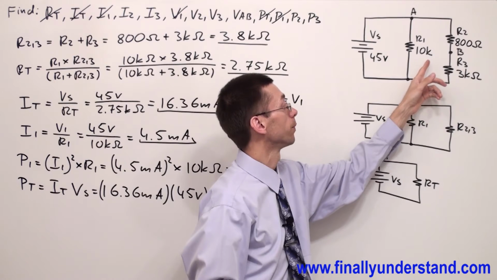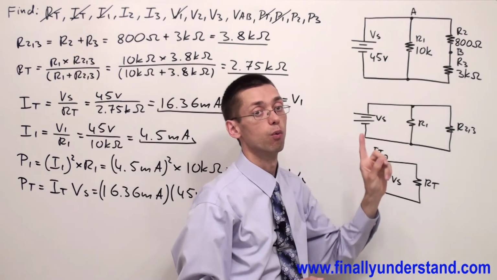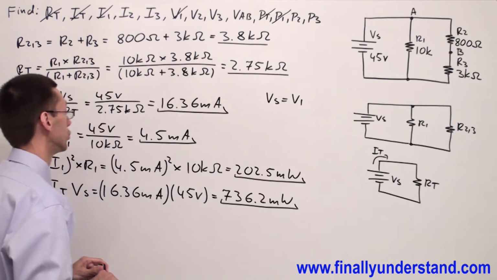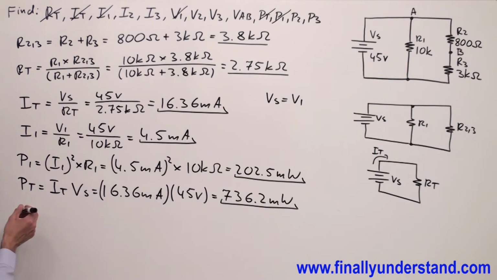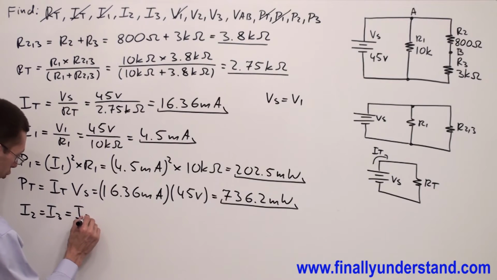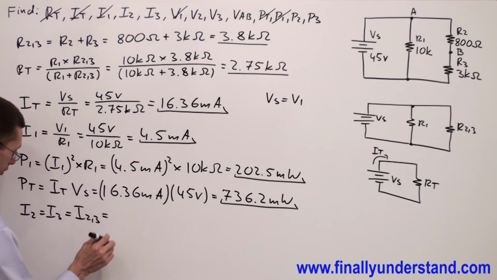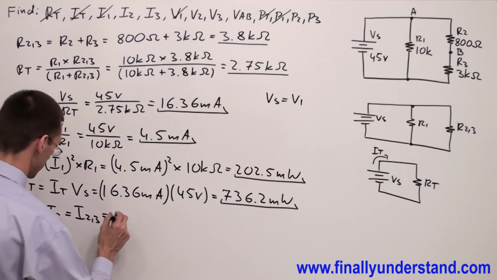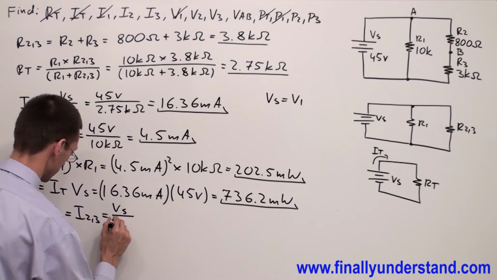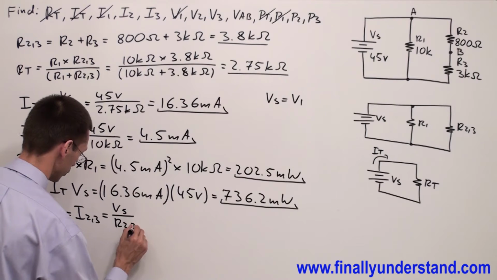So that means we are going to have one current, which we are going to find by simply writing that I2 is equal to I3, we can also call this I23, is equal to the voltage source over R23.